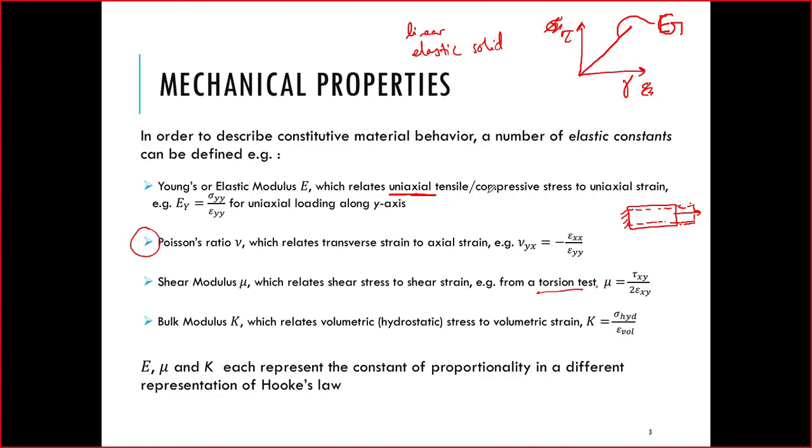And then he later moved on to looking at materials and saw that the same thing was happening. Right? So in this case, we have that the stress and the strain are proportional to each other, whether the stress be uniaxial, or a shear stress, or the hydrostatic stress, and so on.